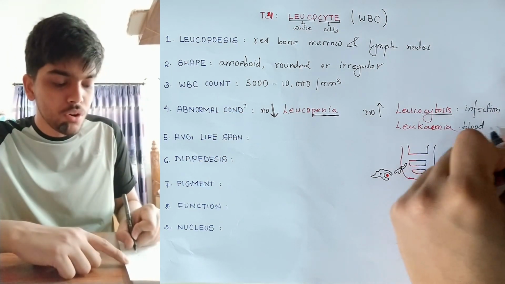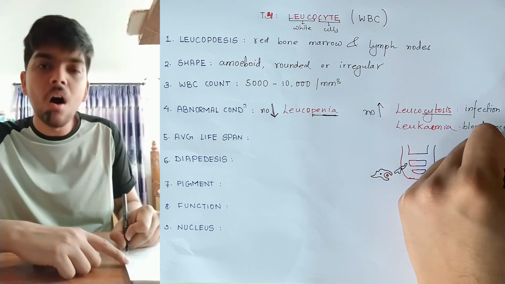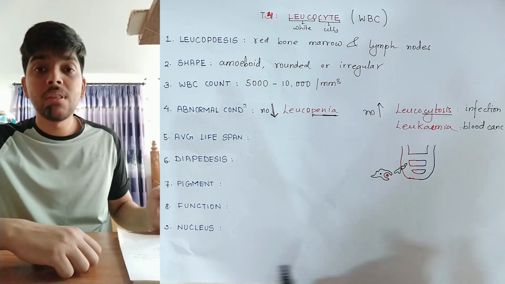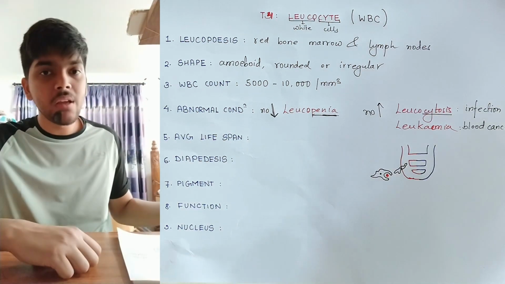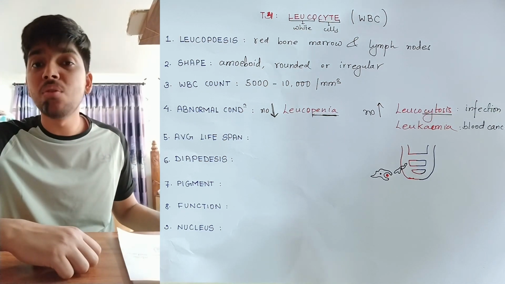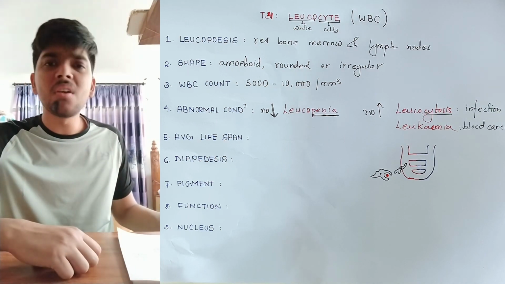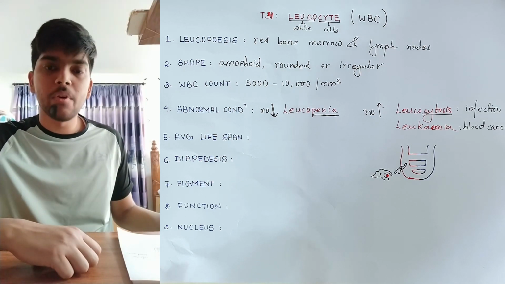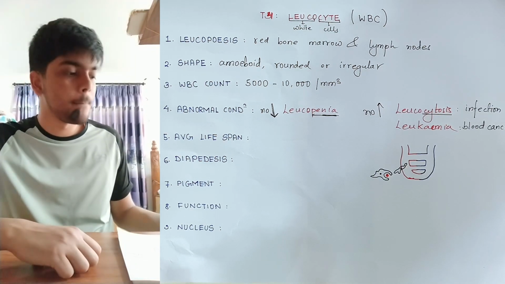That is when your WBC starts to divide uncontrollably, then that's leukemia. So when there's infection and WBC count increases, that's leukocytosis. But when your WBC start to divide not under control and you get blood cancer, that particular condition is leukemia.